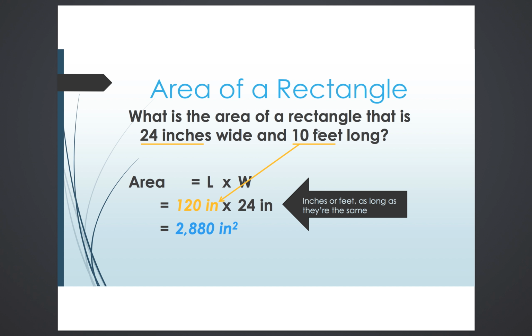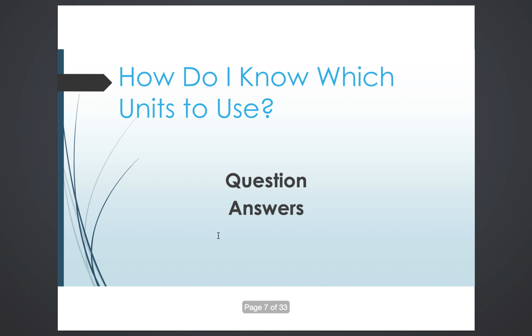We want to convert feet to inches, so we would multiply by 12 to get 120 inches, and then plug in our 24 inches that was given to us, and we'll get our answer in square inches. So it doesn't matter what unit you pick necessarily. I mean, it depends what you want your answer in, but you'll get the correct measurement as long as both of your units are the same.